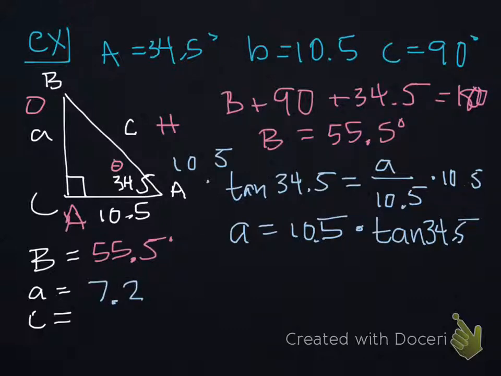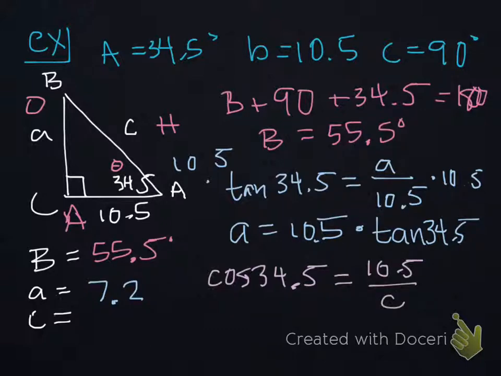And now we need to do our next calculation, and that's to find the third side. So we could use cosine. It doesn't mean you couldn't use sine now. You have the opposite side. I'm just going to use cosine. So cosine of 34.5 equals adjacent over hypotenuse.